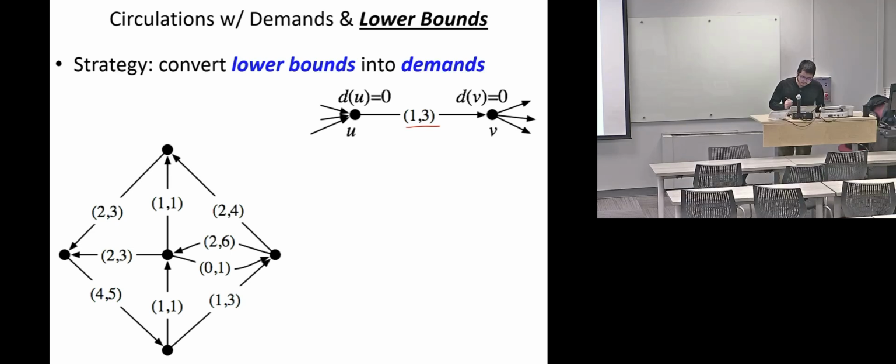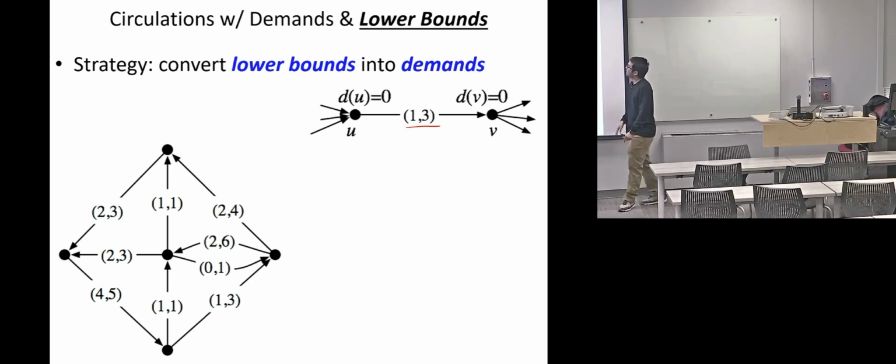Suppose that you have this edge that has a lower bound 1. Just imagine that you send flow from this guy to this guy. Let's set the flow value here to be 1.